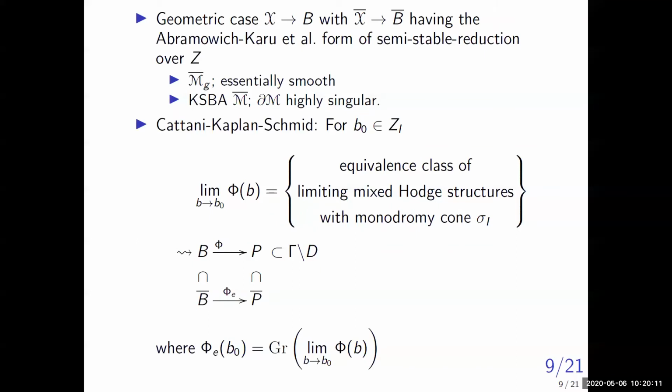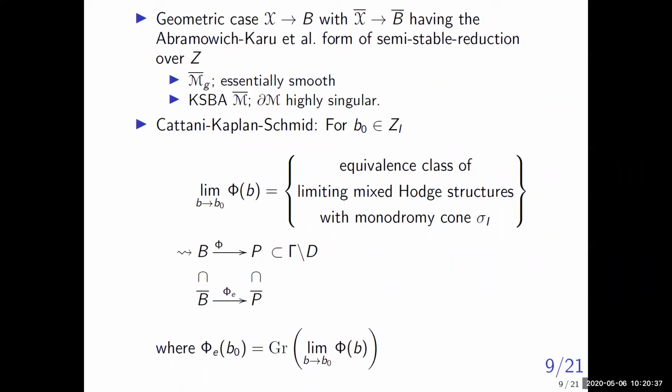Two examples to keep in mind. One is the moduli space of curves of genus g, M bar g. That's essentially smooth. Even when you have singular curves, the moduli space locally is a Kuranishi space, a 3g minus 3 dimensional smooth variety.